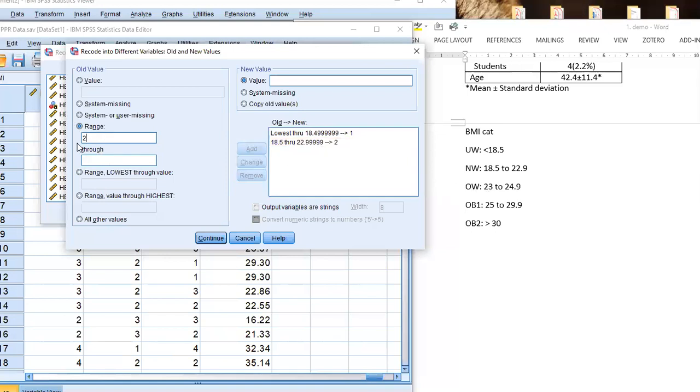Next, 23 starting until 24.89 will be number 3.